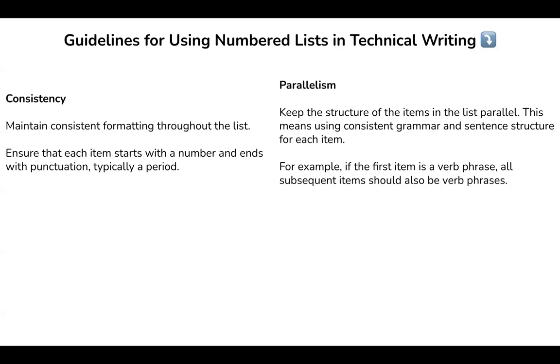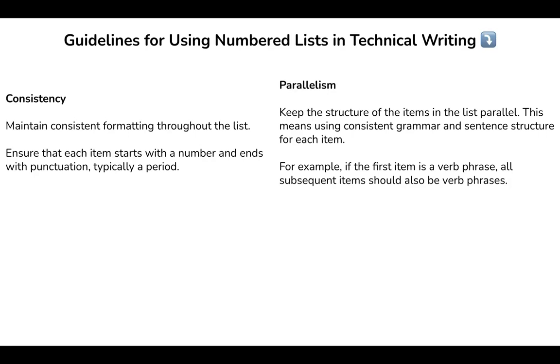open the foil or the nylon that the product was wrapped with, right? So the next one should be something like do this, then the next one should be like create this. So they should all be verb phrases. If the first item is a verb phrase, subsequent items should also be verb phrases.